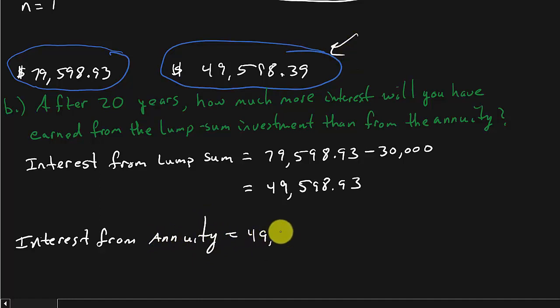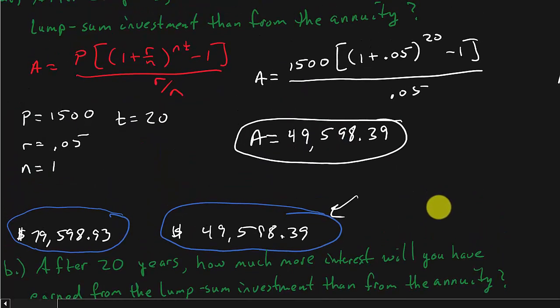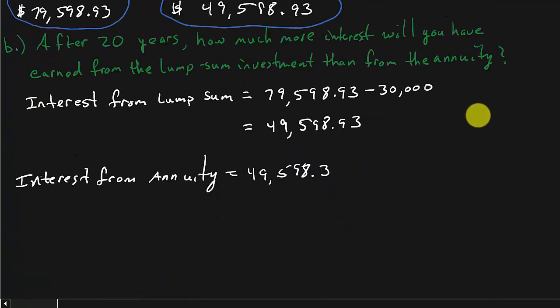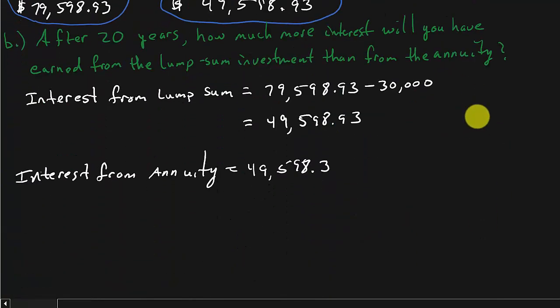That's the 49,598. Wait a minute, is that 39? Let me double check that. That might be 93. Yeah, this right here, I'm sorry about that, that's 93 cents, not 39. I just wrote them backwards. Honest mistake. So yeah, that's 93 cents.